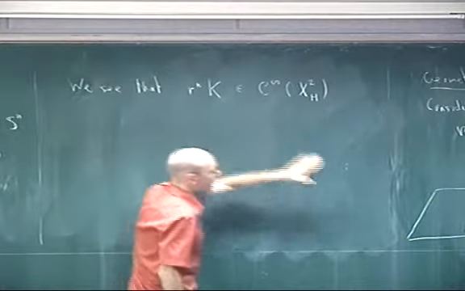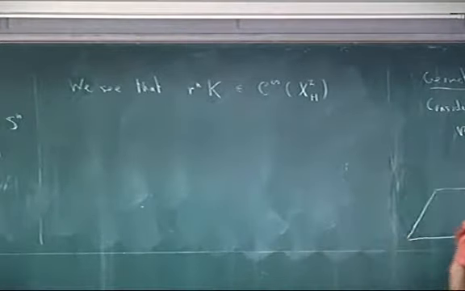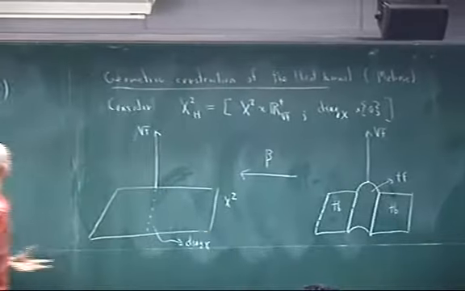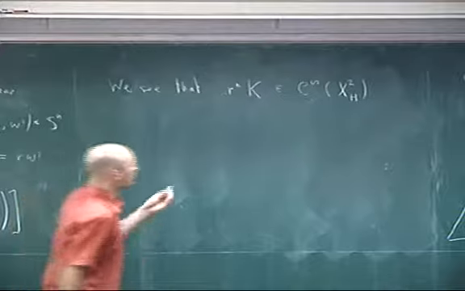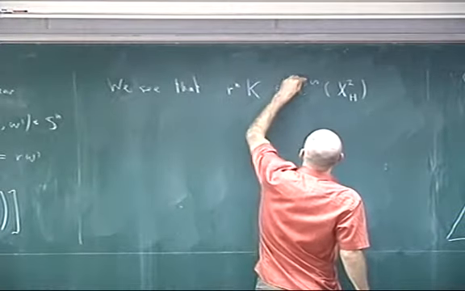I pull my heat kernel back here, and then it becomes smooth at the cost of multiplying by r to the power n. But in fact, more is true in this notation.